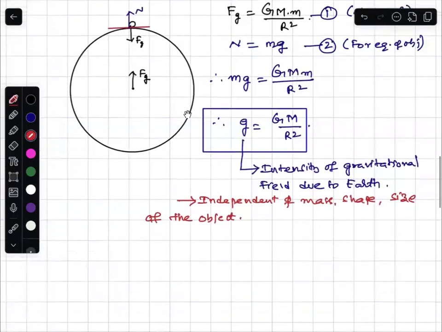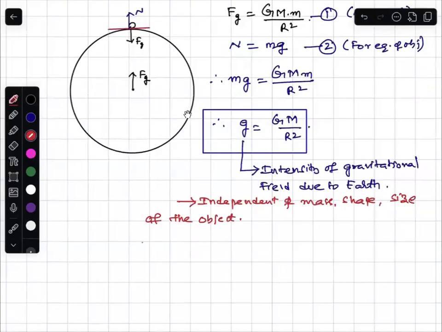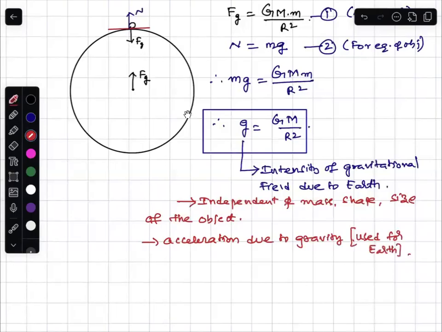So this we will call as acceleration due to gravity. And remember, this term is used only for Earth. Right. Now, on the basis of this, we will discuss other different cases.